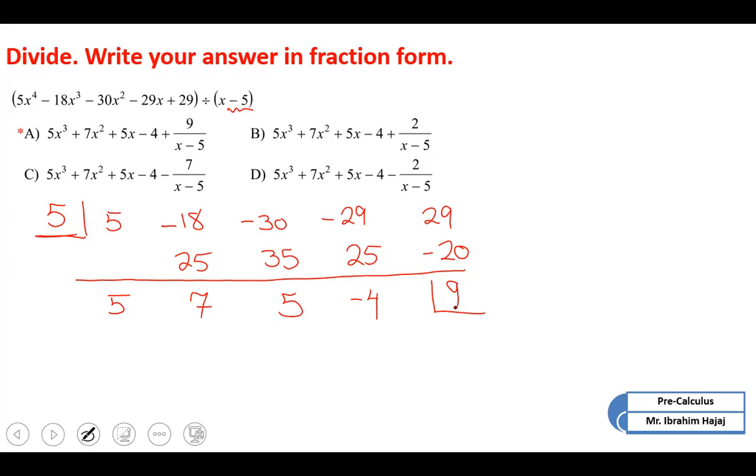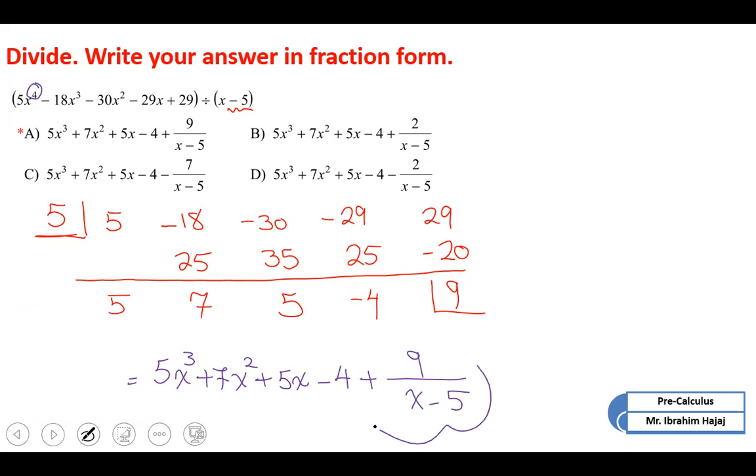Okay, so to write your final answer, the result of this division operation is equal to 5x to the power of 3. Since we started with power 4, we have to write power 3 in the final answer, plus 7x to the power of 2, plus 5x, minus 4, plus the remainder, which is 9, all over the divisor, which is x minus 5.